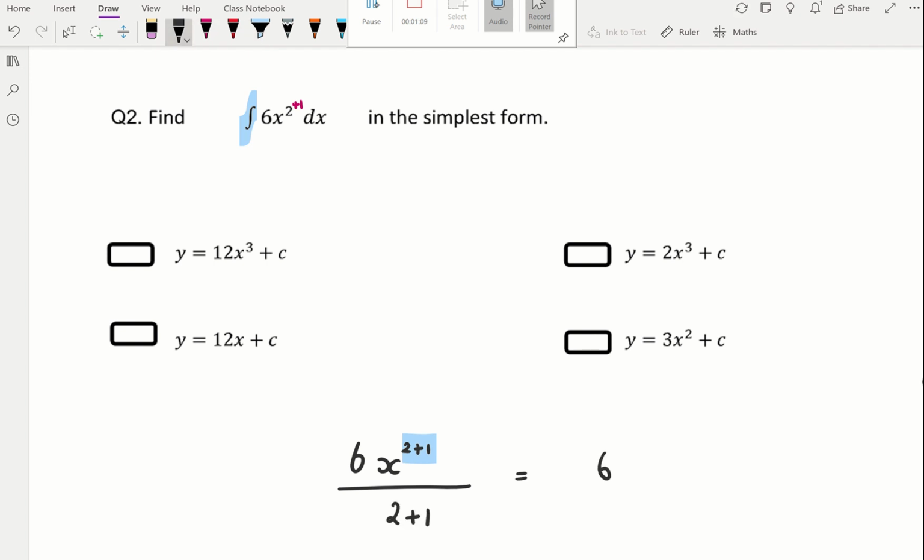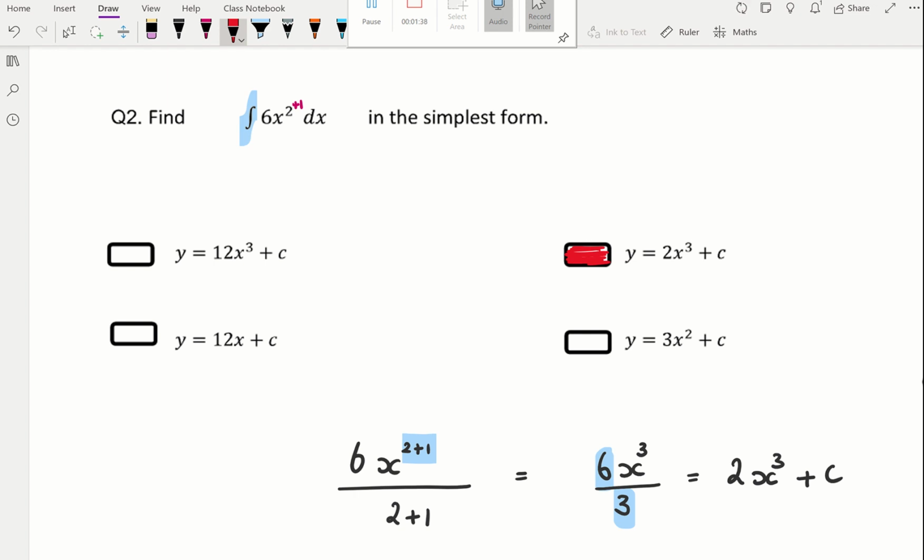So you have 6x cubed divided by 3, and 6 divided by 3 is 2. So it's 2x cubed, and you must add plus c as well. So the correct answer here is 2x cubed plus c.